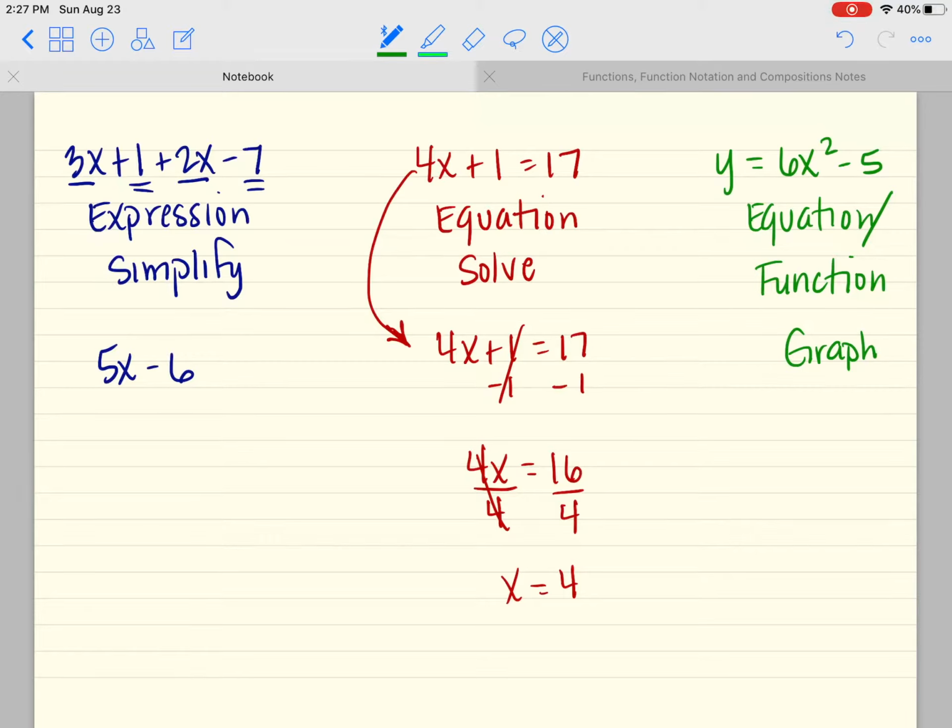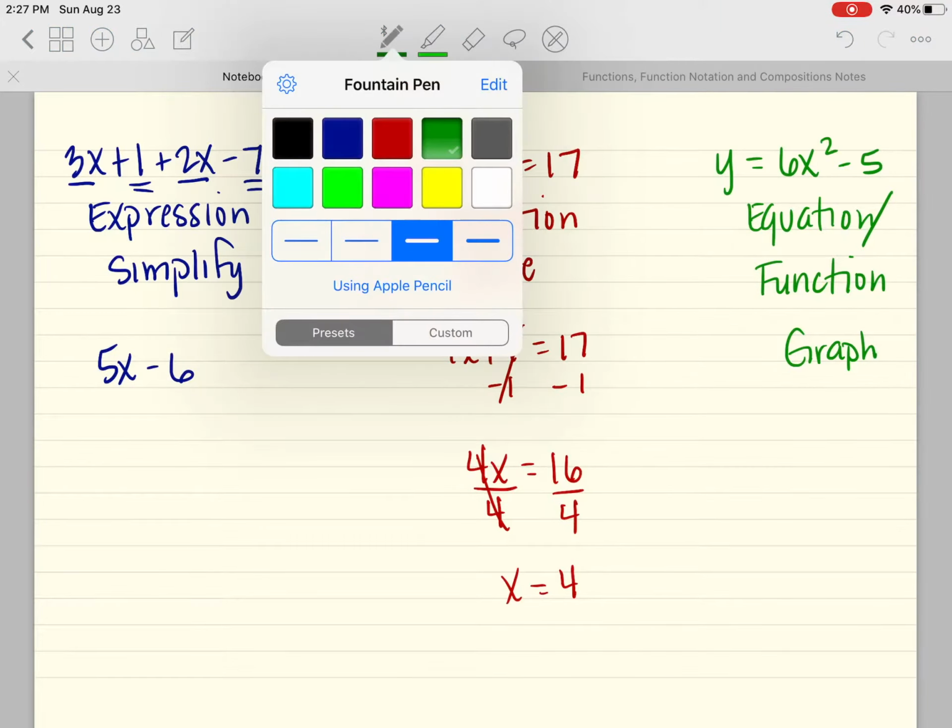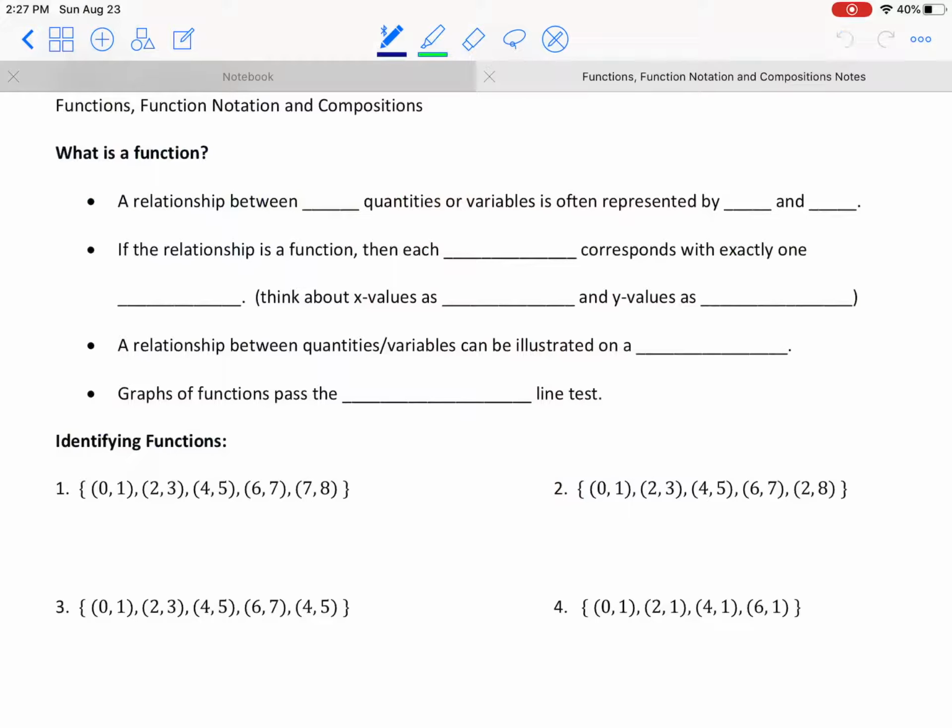So when we're looking at a function, we're looking at an equation, so there's going to be an equal sign. We're looking for two variables to be in that equation, but there's got to be a little more to it. There are some rules that have to be followed in order for that relationship to be classified as a function. A relationship between two quantities, two variables, and usually, though it doesn't have to be, those variables are x and y, could represent a function.